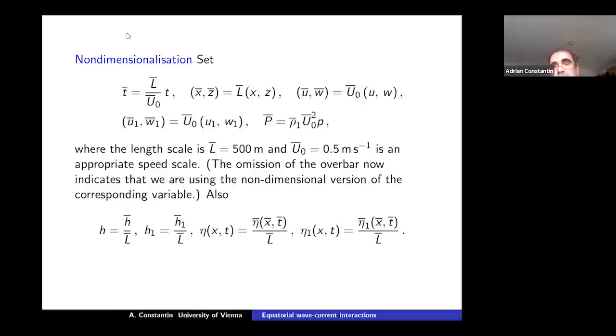We are in a slightly different setting here, but what I want to convince you of is that these equations are quite complicated, but they have a very nice structure, a Hamiltonian structure, at the nonlinear level.